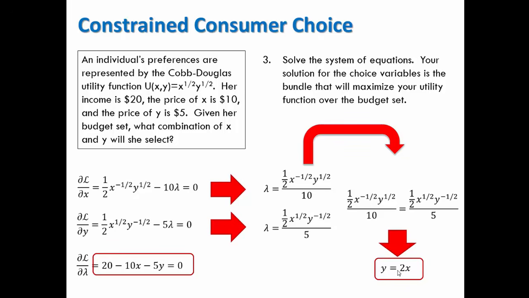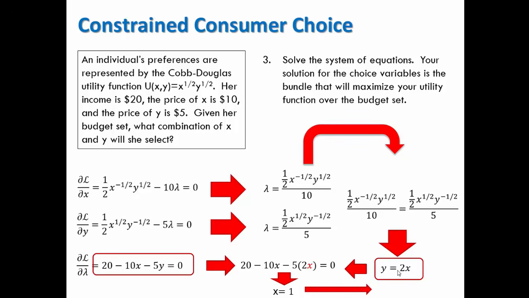Now that I have two equations with the same two unknowns, I can solve for those unknowns. One way of doing that is to make a substitution. Where there's a y in the third first order condition, I'm now going to substitute y as 2x. Now my equation only has x in it, and I can find that x is 1.